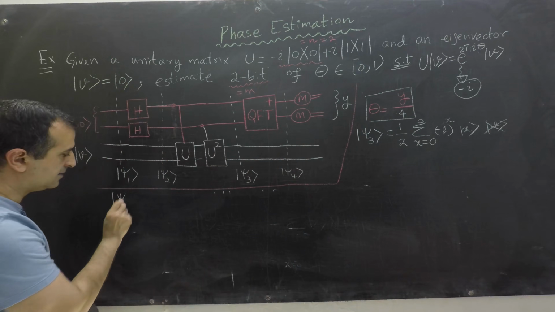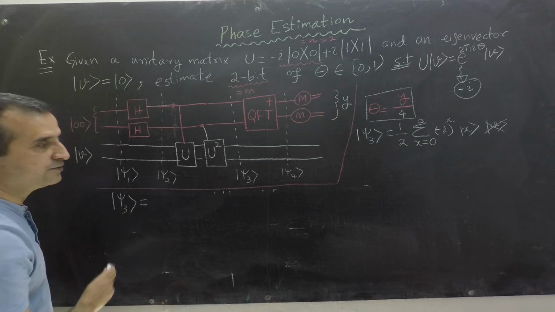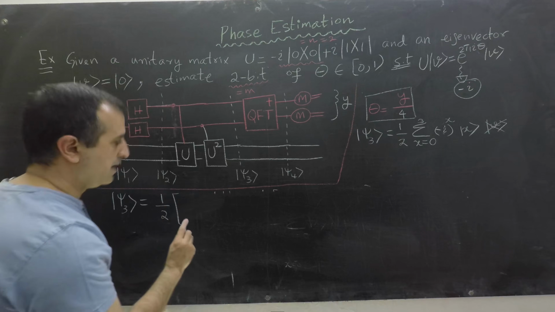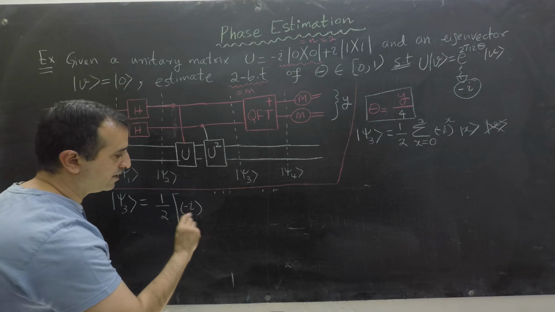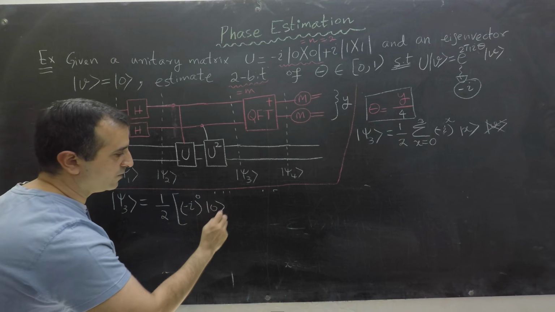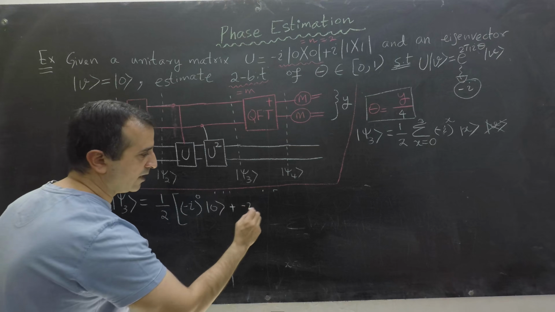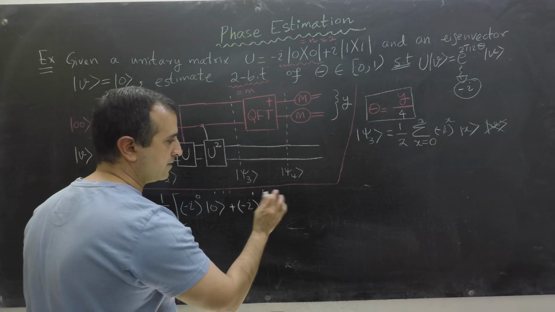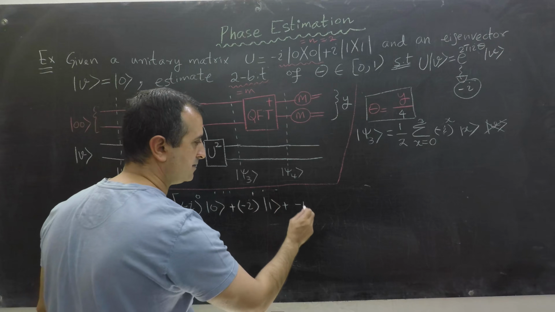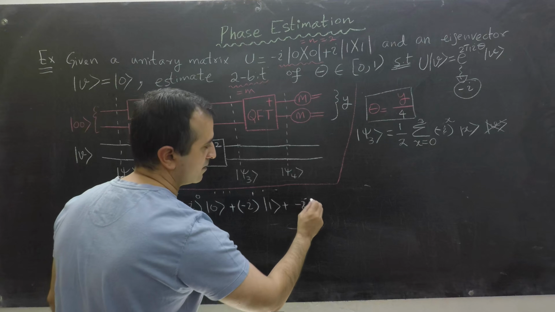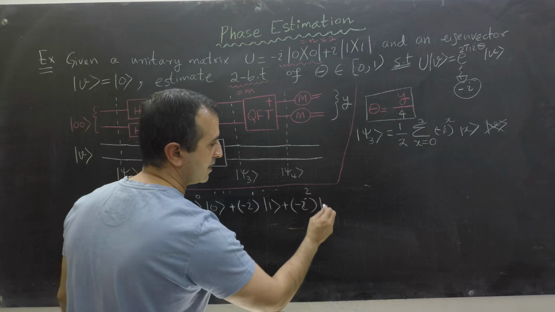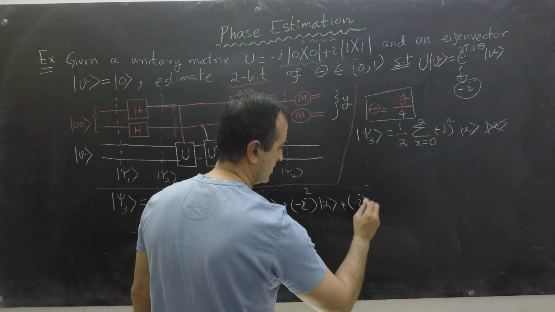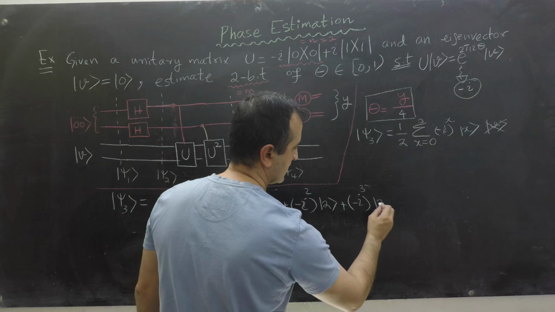My |ψ3⟩ is equal to 1/2, (minus i) raised to power 0 |0⟩, plus (minus i) raised to power 1 |1⟩, plus (minus i) raised to power 2 |2⟩, plus (minus i) raised to power 3 |3⟩.